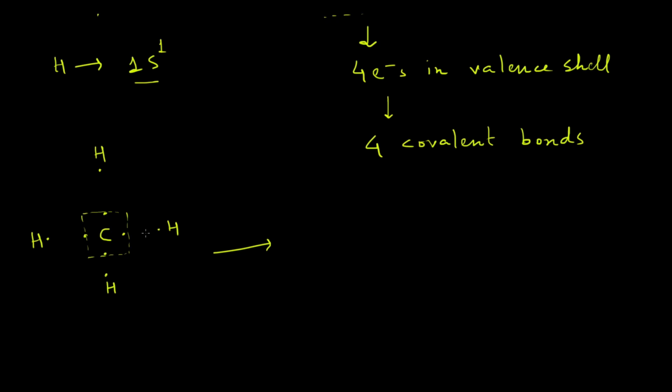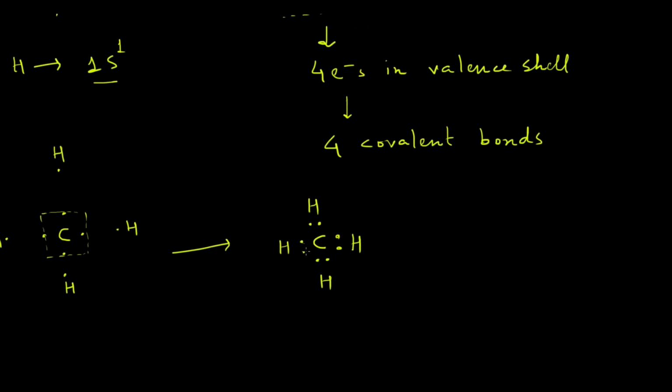So here 4 covalent bonds will form, and each carbon hydrogen bond involves the pairing up of 2 electrons, 1 from carbon and 1 from hydrogen, like this.